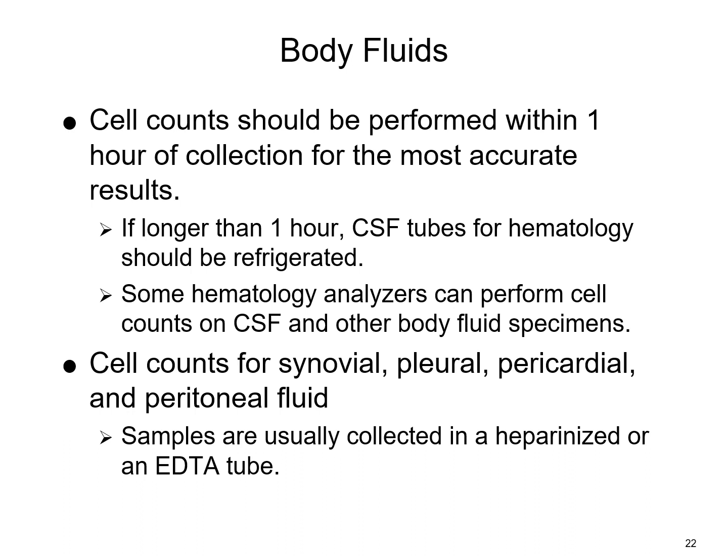Cell counts for synovial, pleural, pericardial, and peritoneal fluids are going to be collected in an actual blood test tube, not like your CSF, which is in a tube that has no additive in it. Your other fluids will be in tubes that have additives, heparinized or EDTA type tubes, and this is to keep that fluid from clotting. If that fluid clots and all those cells move into that clot, then you're not able to visualize them when you're doing that count.